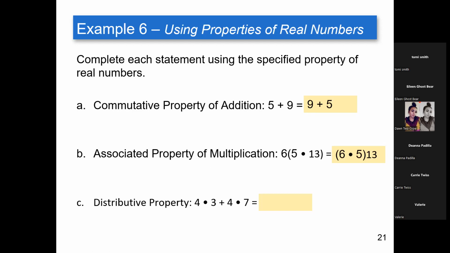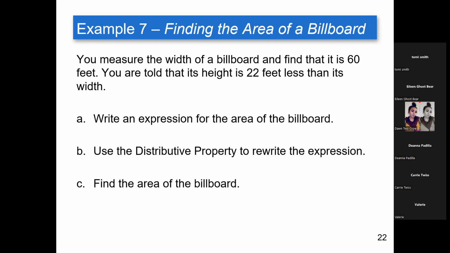And distributive, they have it already distributed, so they're going to pop it back in next to the parentheses the way it looks like that. Those are the big ones: commutative, associative, and distributive. We use them all the time in algebra, and you've used them before already. So it's nothing surprising.